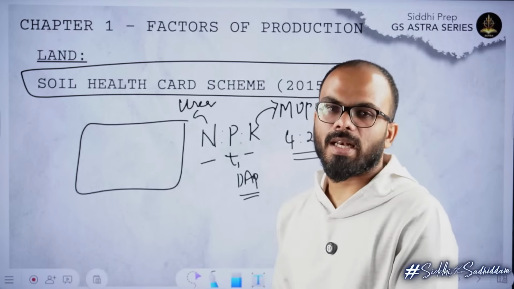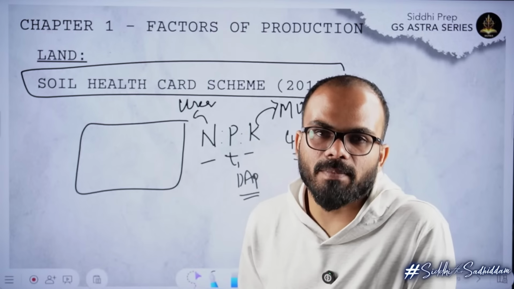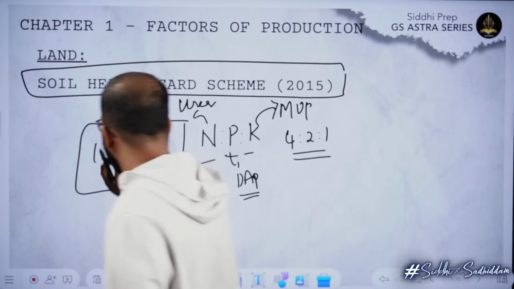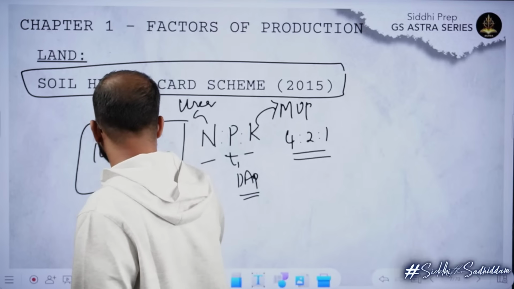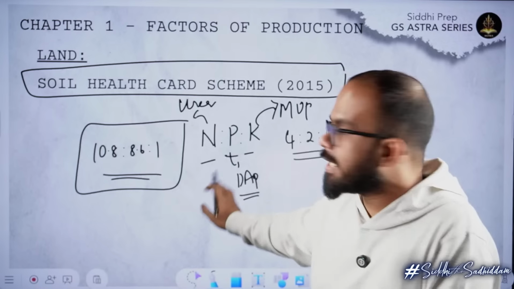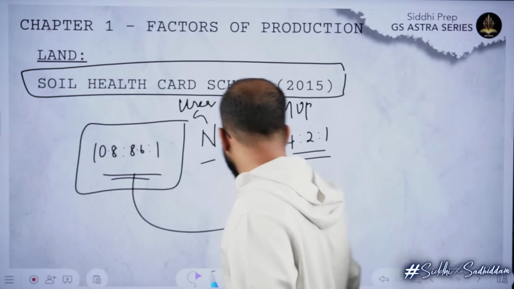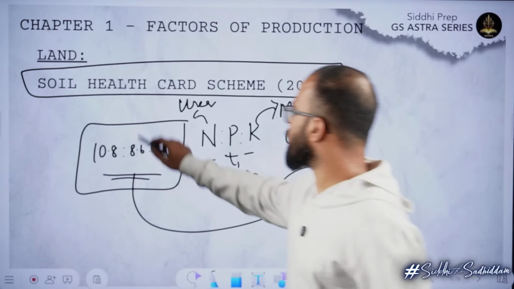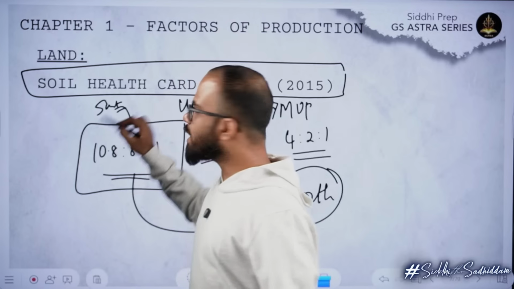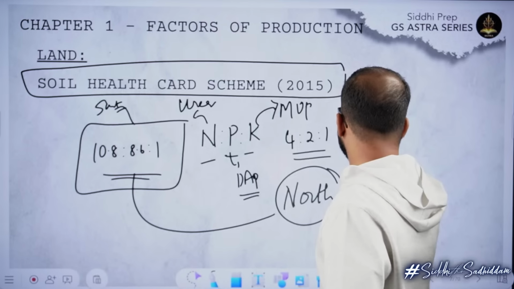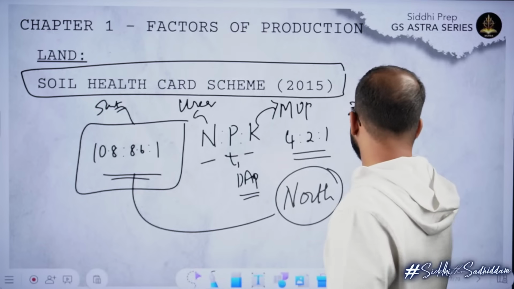But what the latest Economic Survey says is that in India, this ratio is around 10.8:8.6:1. See the kind of difference. In some states, especially in North India, the ratio of NPK is around 20:5:1.